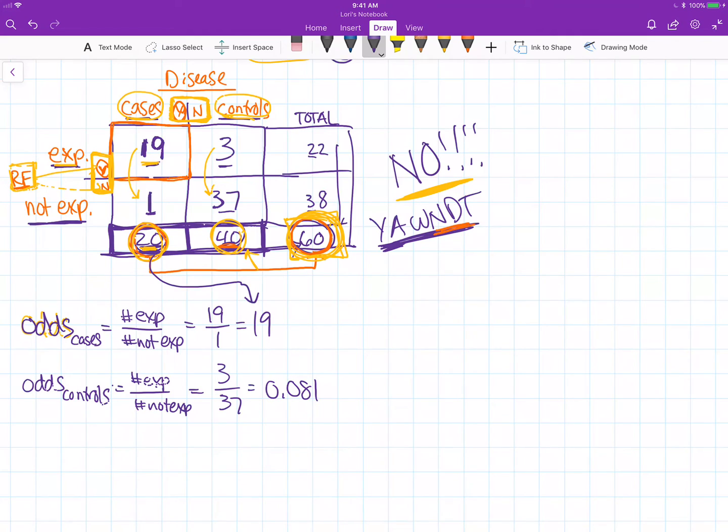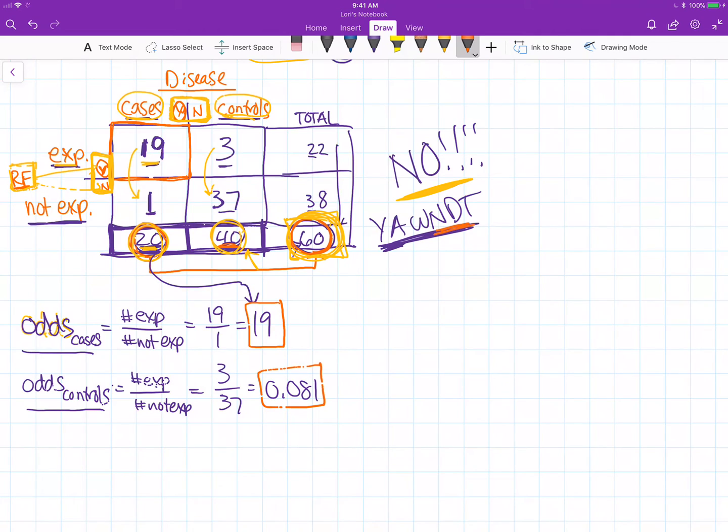So here we have our odds for our cases and our odds for our controls. And the answers, if I was in math class, I would be supposed to put a little box around them. So there's my answer, so that it stands out for the teacher to grade.